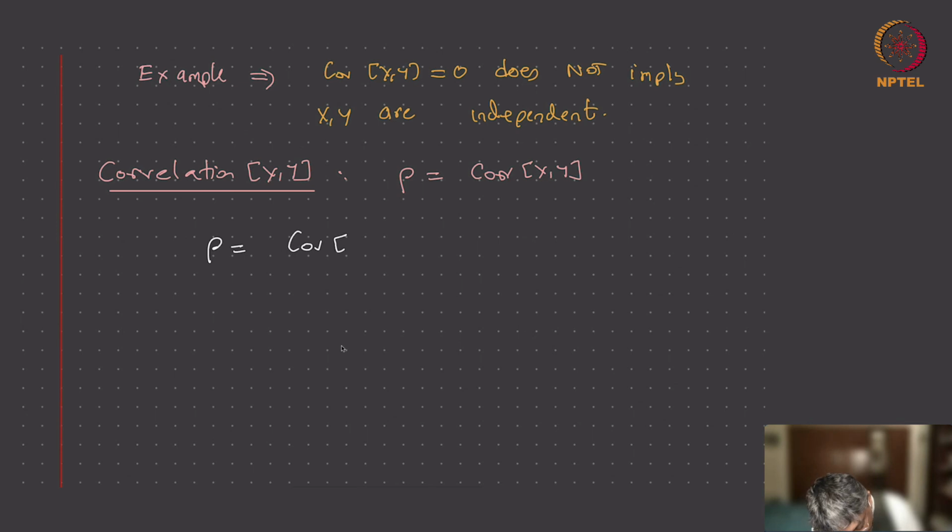Rho of x, y is defined as the covariance of x, y divided by the standard deviation of x and the standard deviation of y, that is, divided by the square root of the variance of x and the variance of y.